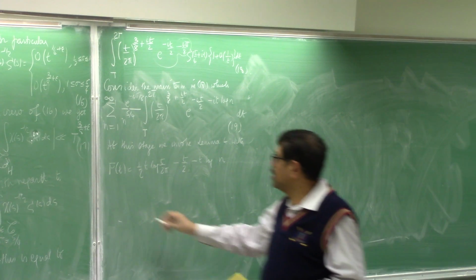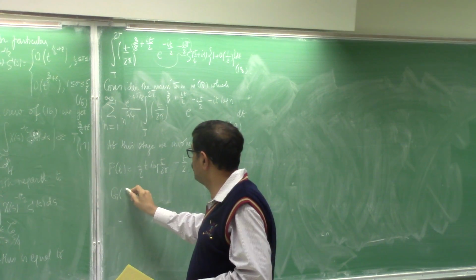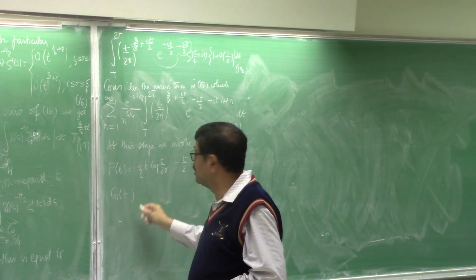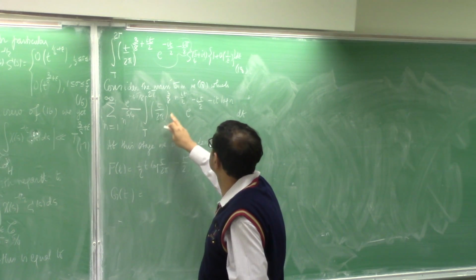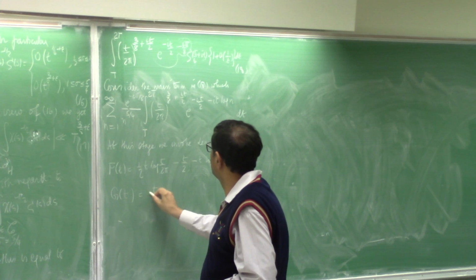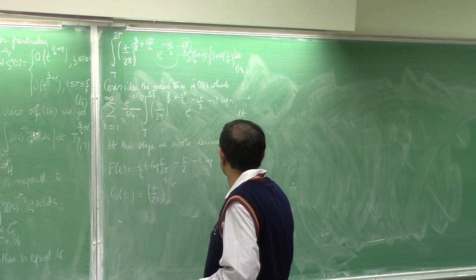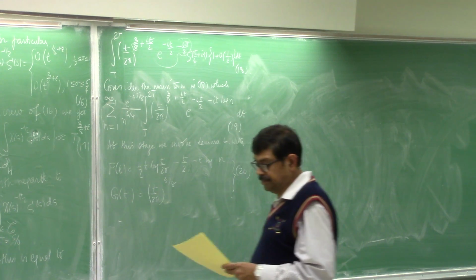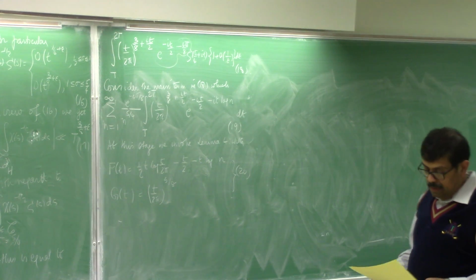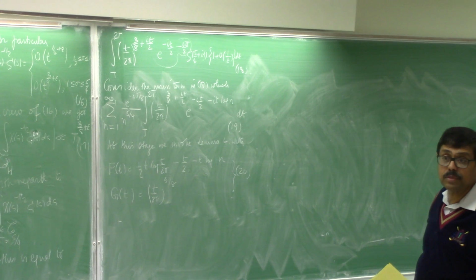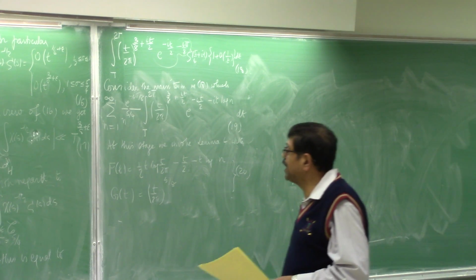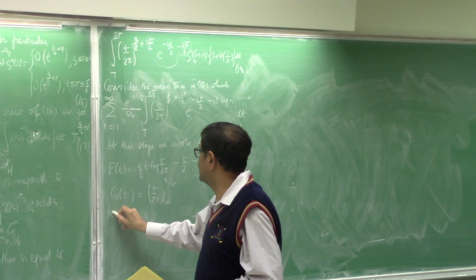And what is g of t? G of t, or g of x, is just the real part. T over 2 pi to the power 8. All right. So that's your g. Now we calculate. So note that.